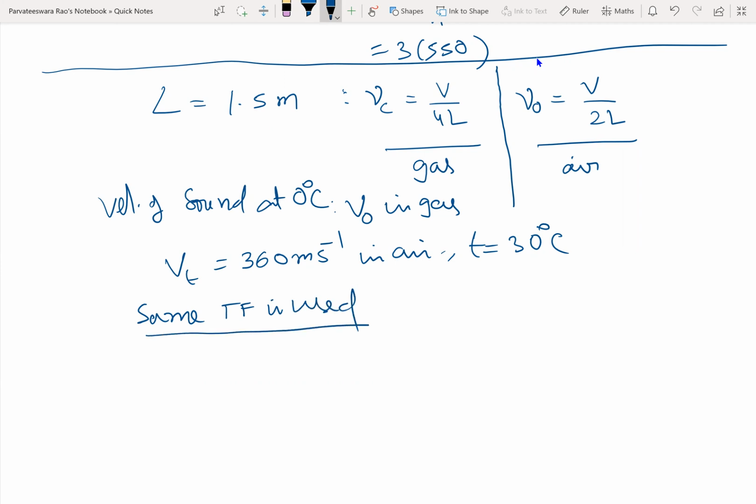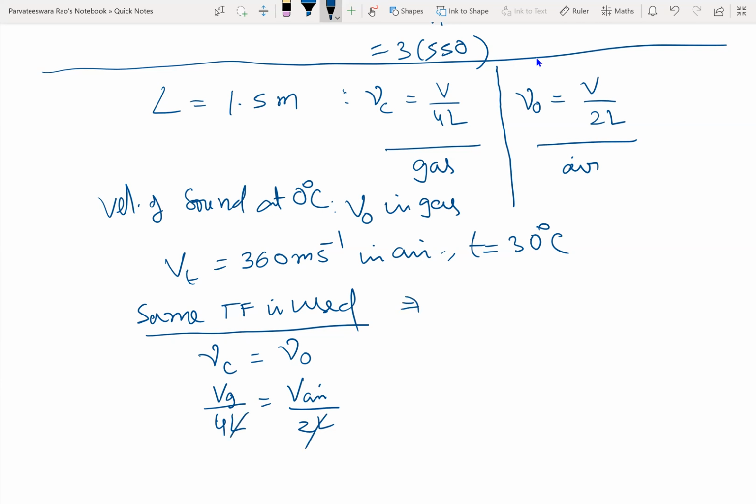Therefore, the fundamental frequencies of the one end closed pipe and the open pipe should be same. That is V gas by 4L is equal to V air by 2L.